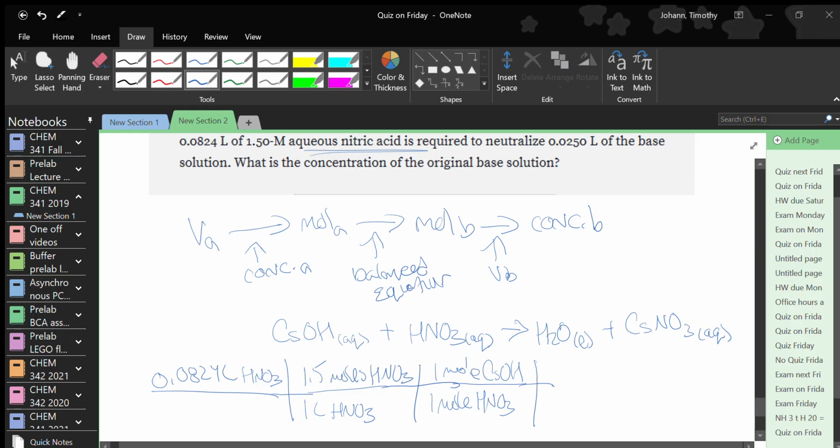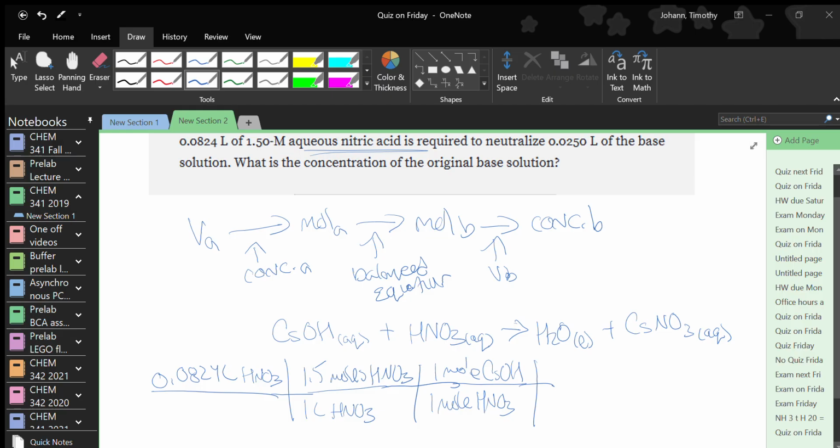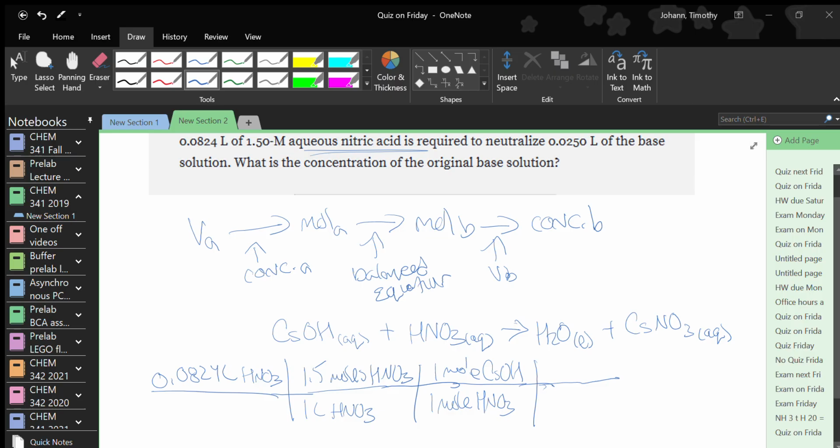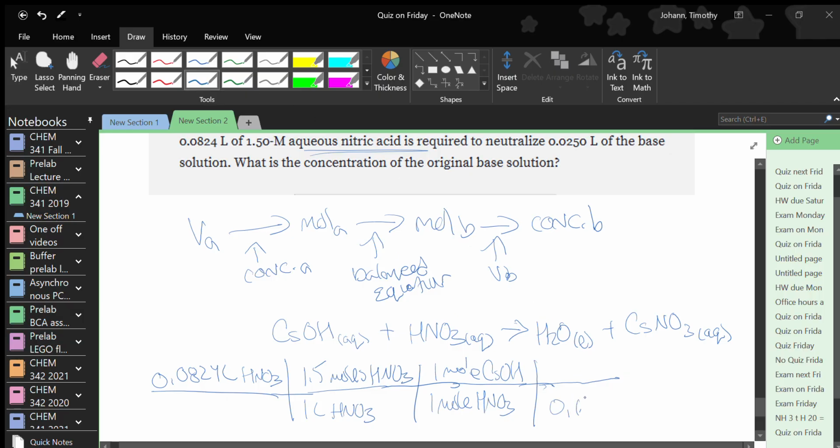Okay, now I have moles of cesium hydroxide, I want to get concentration, right? So I just need to divide by volume. I could pull out the moles and then divide by volume, or I could just divide by volume here. I am almost done. So that's my volume of base, right? So I'm just going to go ahead and divide by 0.0250 liters of cesium hydroxide.